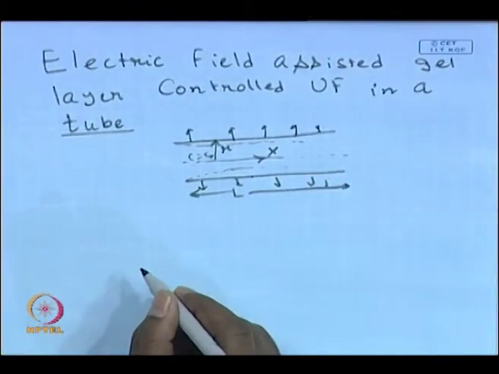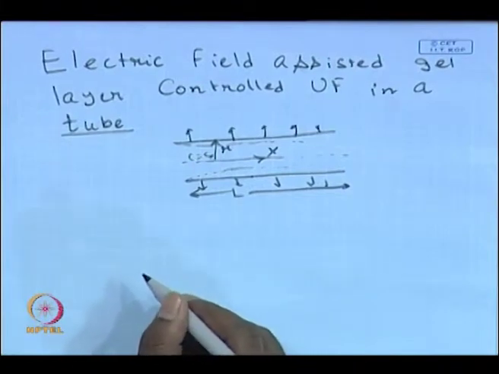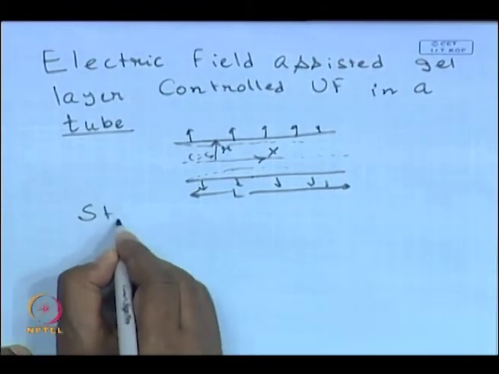If you remember what we have done in the earlier analysis, we did a solute balance in the concentration boundary layer or mass transfer boundary layer under steady state. This is a steady state operation.